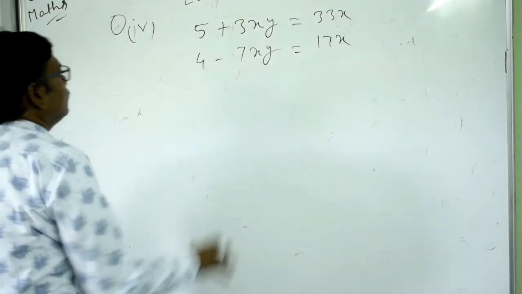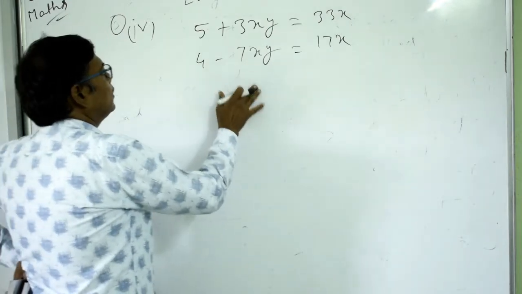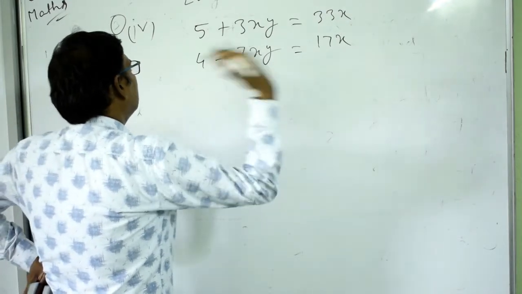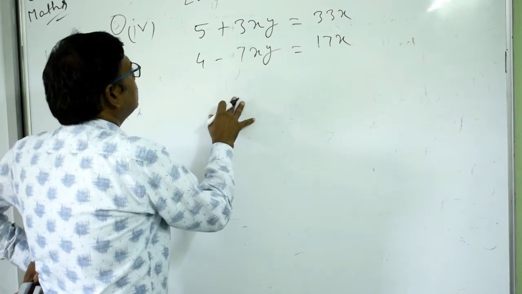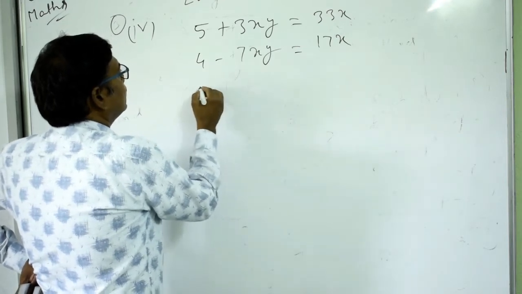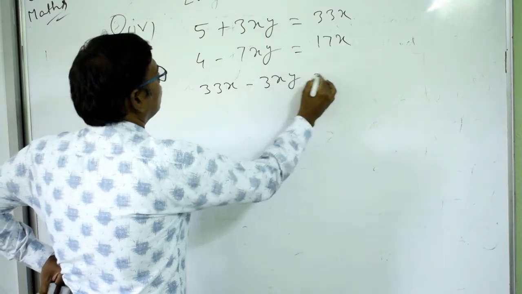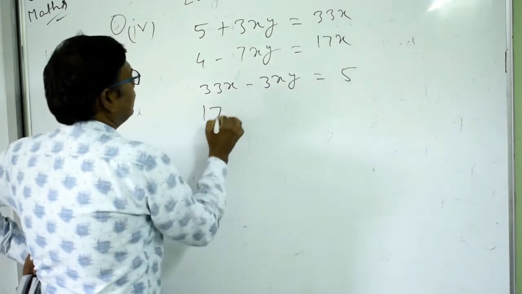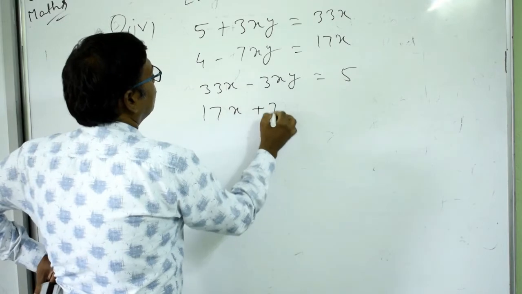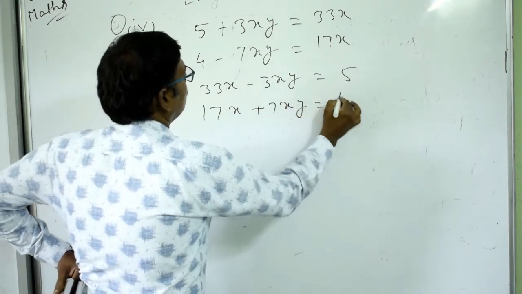Now here we have to rearrange this equation because some terms are here and some are there. So it will be 33x minus 3xy equal to 5 and 17x plus 7xy equal to 4.